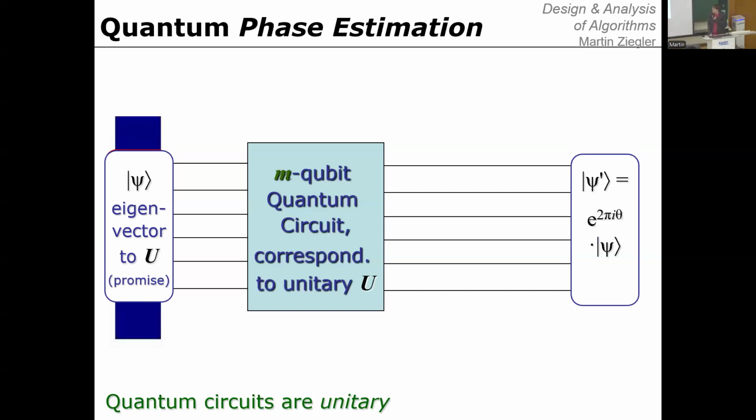And since the matrix is unitary, the scalar multiple, the eigenvalue, must be a complex number of magnitude 1. That's just mathematics. So magnitude 1 means it has form e to the 2 pi i theta, where theta is a real number between 0 and 1. And the quantum phase estimation problem asks you to output this theta, the exponent in the eigenvalue to the given promised eigenvector of U.